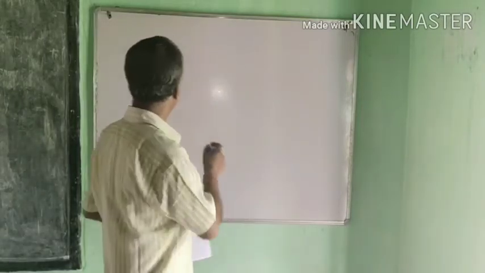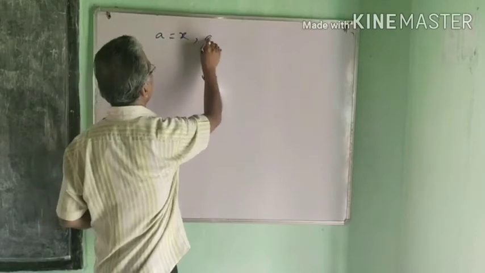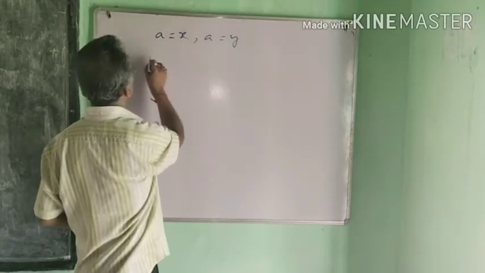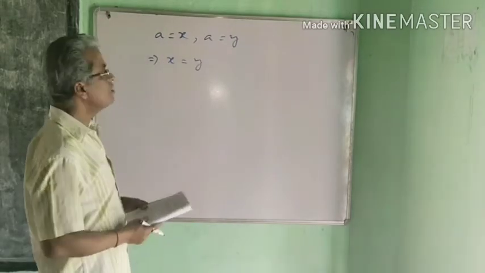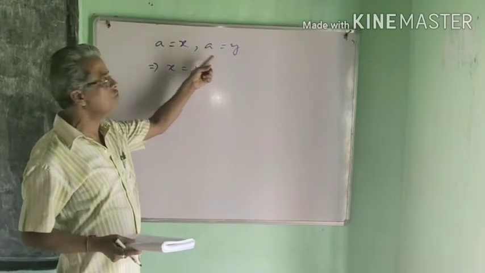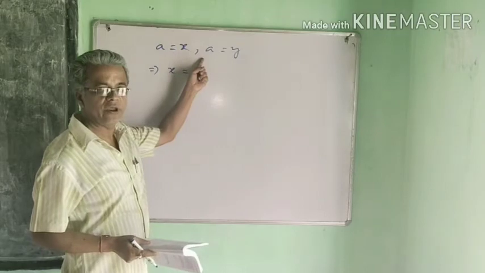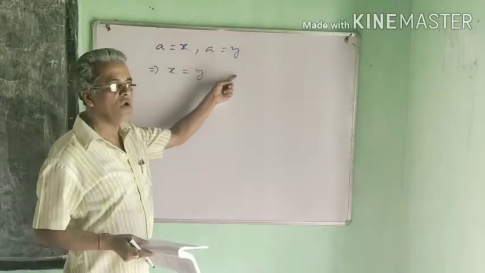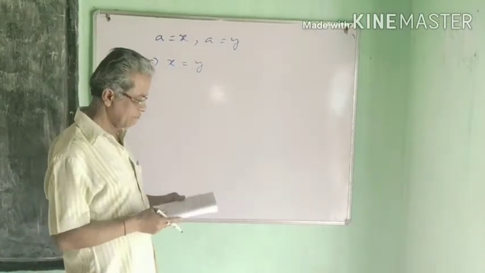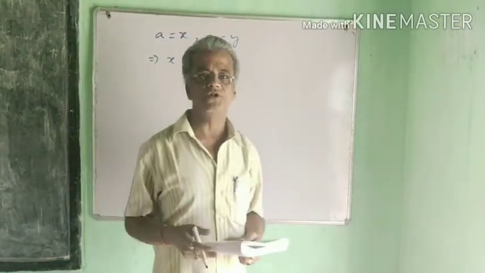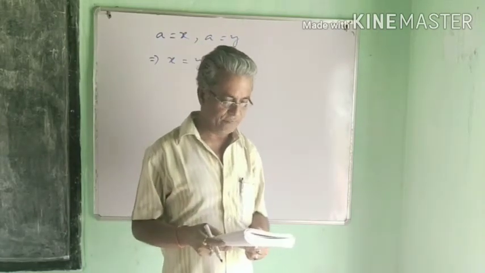For example, if A is equal to X and A is equal to Y, then ultimately X is equal to Y, because both X and Y are equal to A. It means X and Y both are equal. So things which are equal to the same thing are equal to one another.